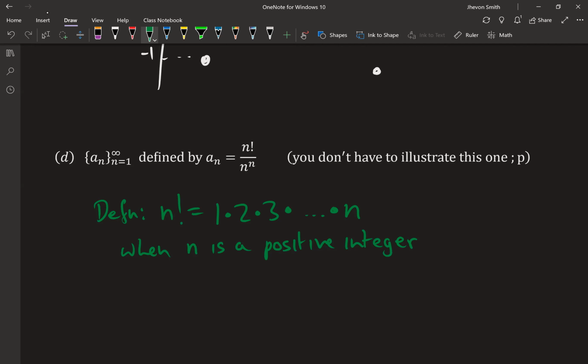There is a way to define this in general. However, that's above this class. That's above our pay grade. And we define, by convention, 0 factorial as being the number 1. So in general, that's the definition.